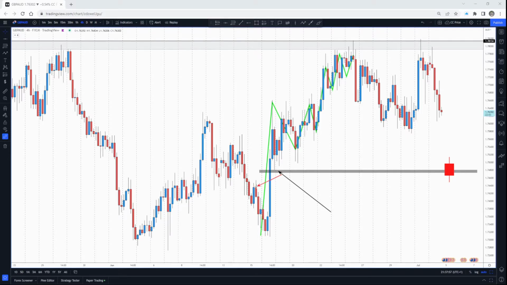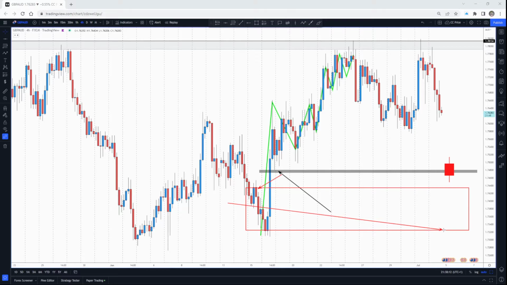We've got a little rejection point here, but this whole area is almost like a range in itself. Anywhere we've got a resistance and a support is going to be a range. If we got something closing inside this range, most likely we'll go to the bottom. It happens over and over and over.